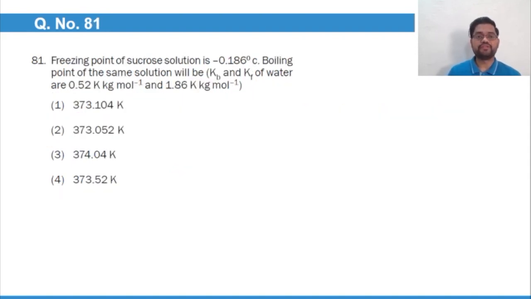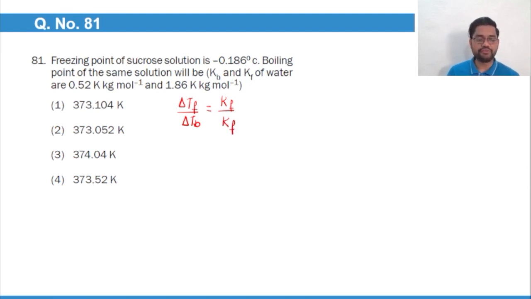81. The freezing point of sucrose solution is this. The boiling point of the same solution will be, Kb and Kf of water are these particular values. So delta Tf by delta Tb is equal to Kf by Kb.